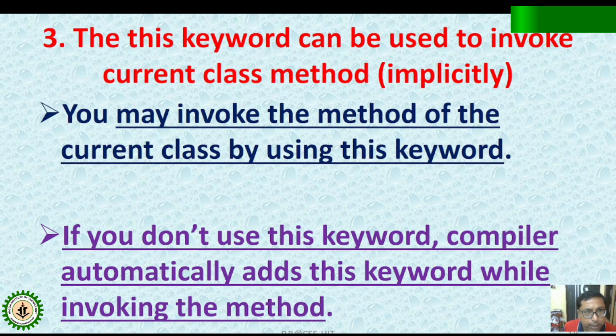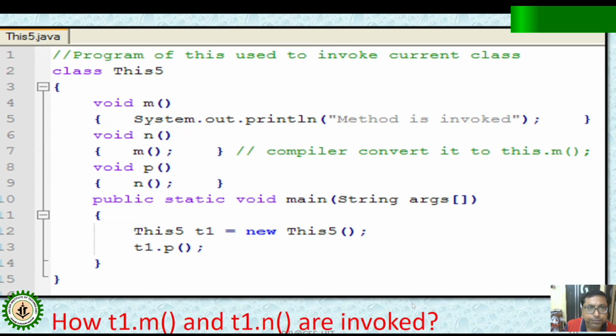Now the third point: this keyword can be used to invoke the current class method, and it is an implicit call to the method. So you may invoke the method of the current class by using this keyword, and if you don't use this keyword, the compiler automatically adds it while invoking the method.